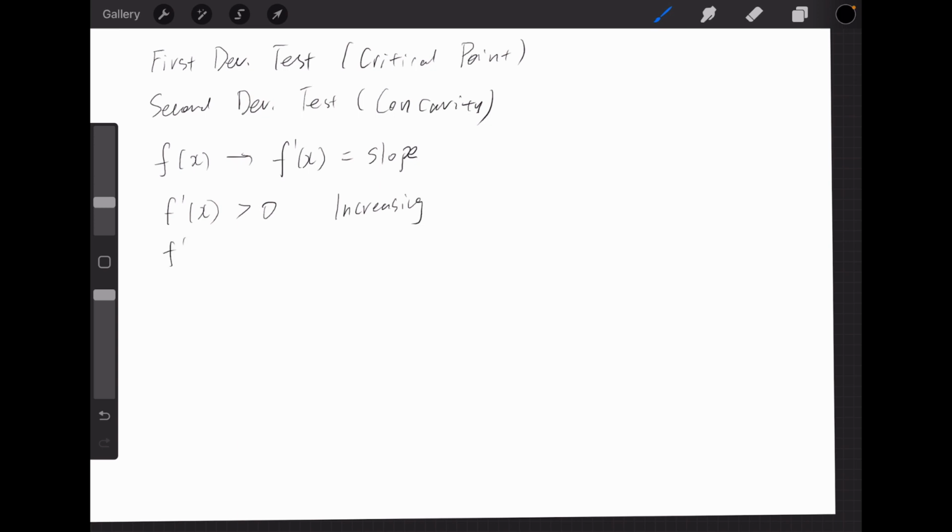And if the derivative is smaller than 0, the function is decreasing. And thus a critical point is where f prime x equals 0.